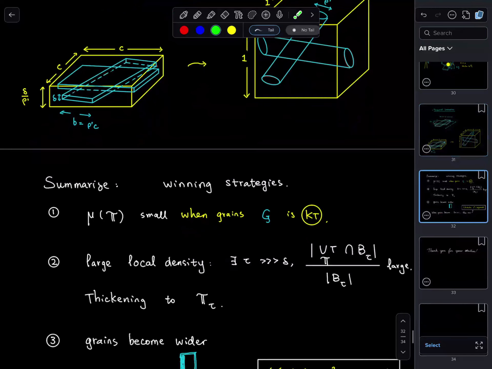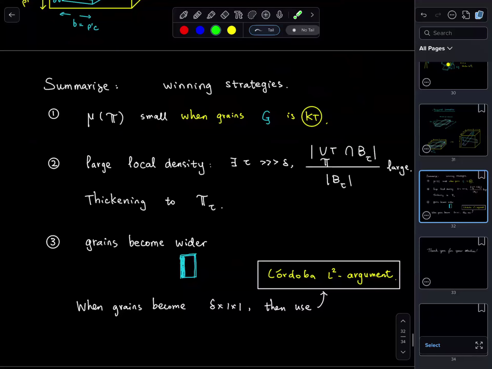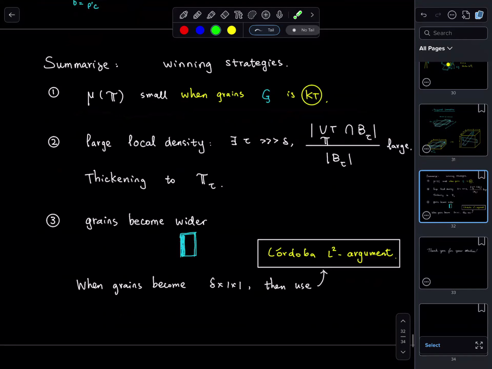So let's summarize our winning strategies. The first case is when the grain satisfies the Katz-Tao-Wolff axiom; we can show that the multiplicity is small, and we are done. The second winning strategy is this: these are the union of tubes.